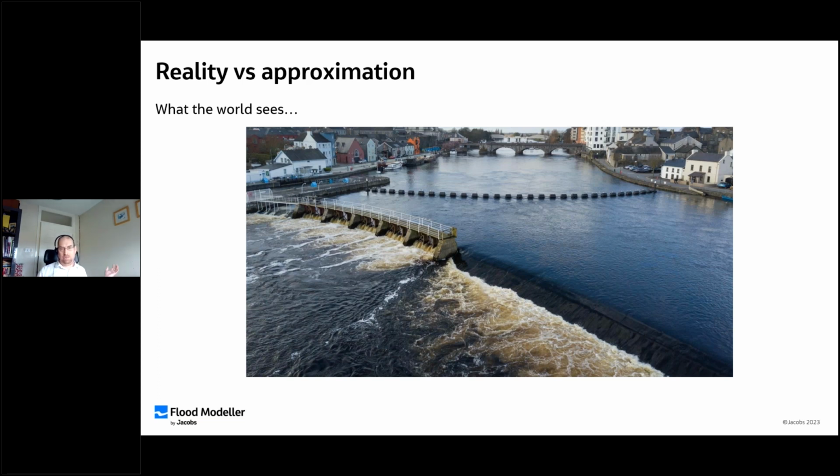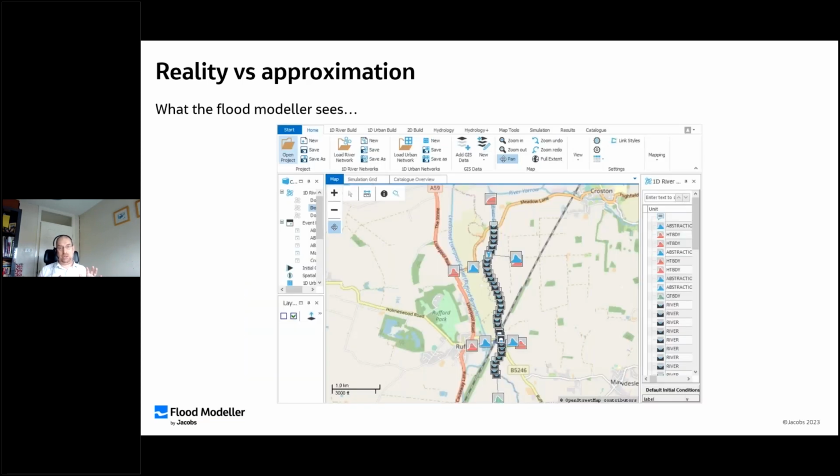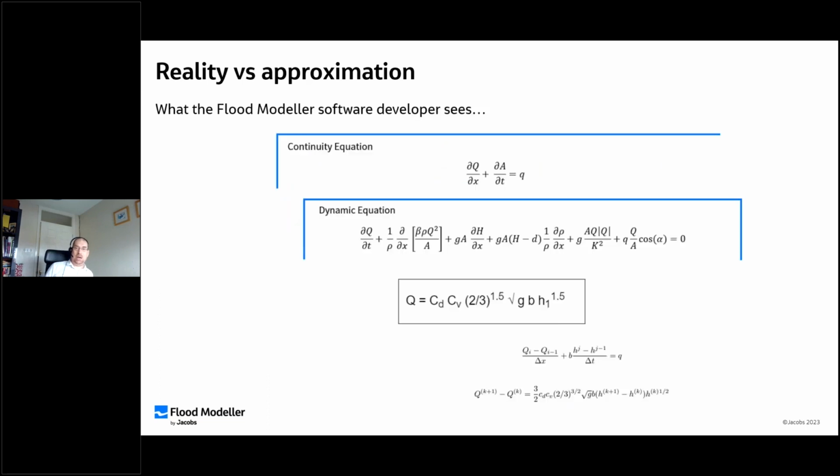So that one's fairly obvious, but you as flood modelers will condense that into some schematization of your model that is represented by hydraulic structures, boundary conditions, and river cross sections and the like. So your view is something more akin to that. What I see as a mathematician stroke software developer is a whole bunch of equations.